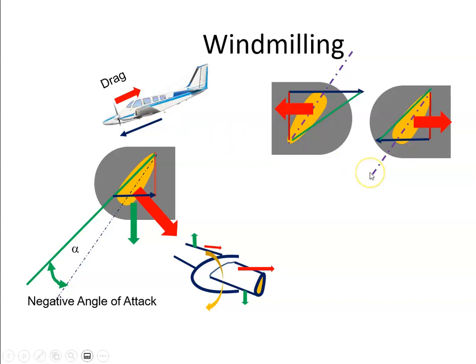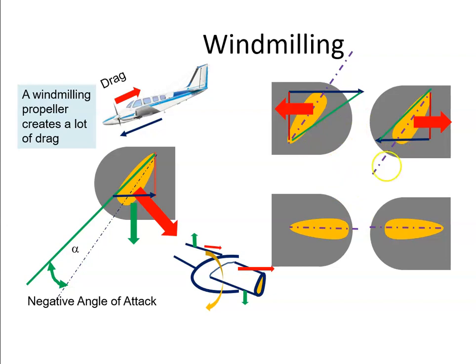And one way of doing it, or the accepted way of doing it I should say, is to feather the propeller. And when we feather the propeller, we increase the blade angle. So the blade angle goes from whatever it is here right up to about 90 degrees. Similarly here, whatever that angle is there, the propeller comes all the way down here and has a blade angle of about 90 degrees.